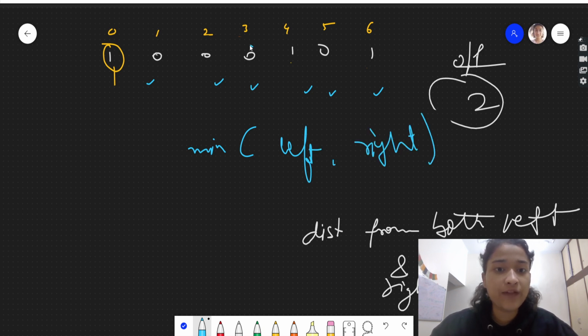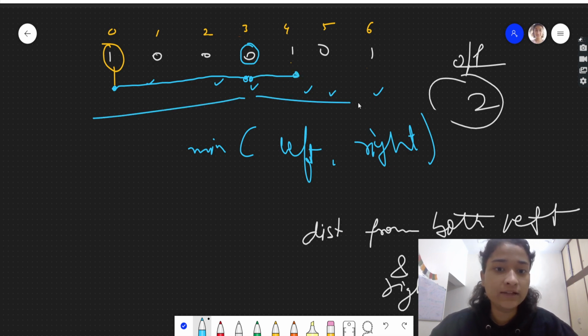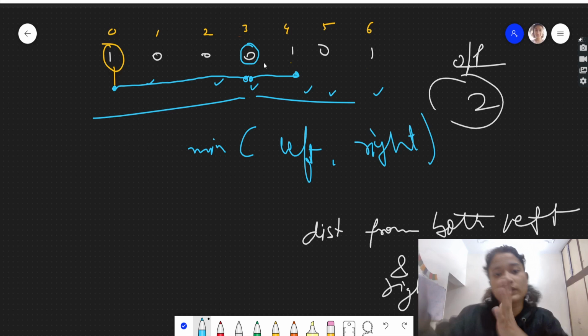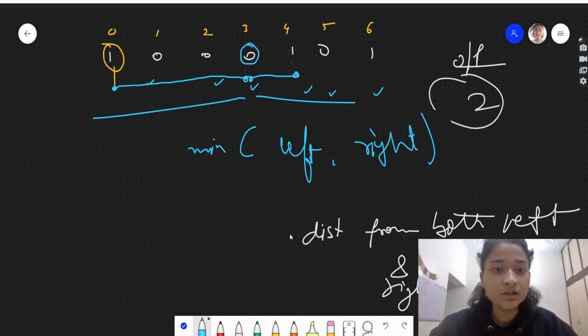Like for example, if Alex is sitting here, what will be the distance of Alex from this left person, and what will be the distance of Alex from this right person? If we have both these values, then we can simply find out the minimum, the closest distance, right? So just pause the video and try to think how you can do it.